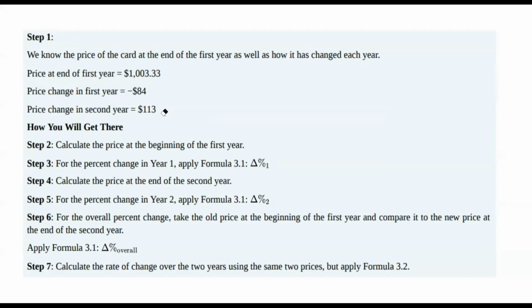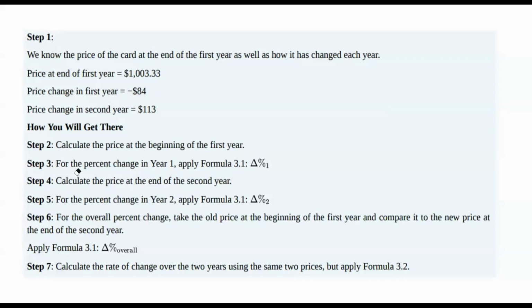So they're telling us exactly what I told you before: calculate the price at the beginning of the first year. That's not hard. You just add the 84 to the 1,003. It was worth more at the beginning of the first year, then fell to 1,003.